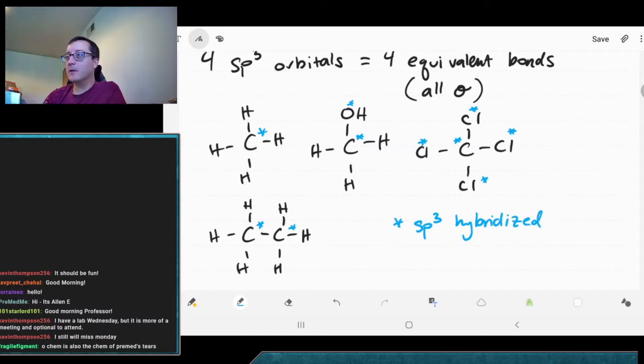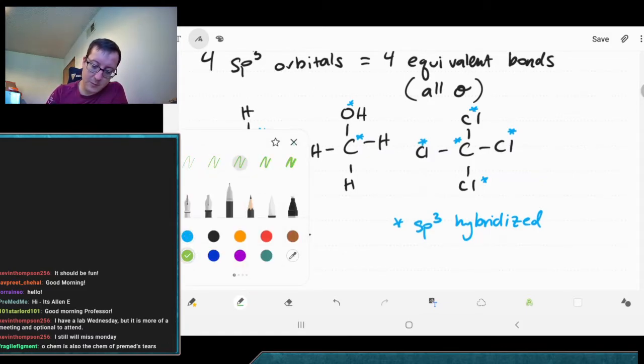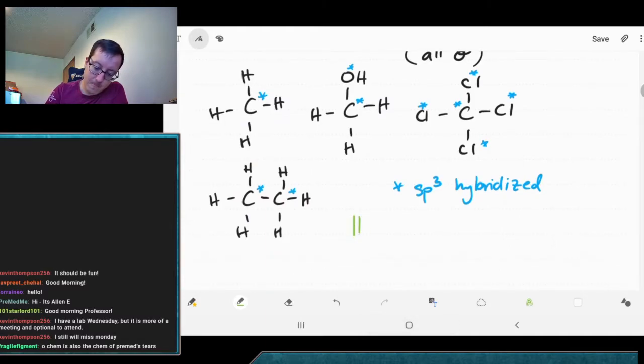And so that's the very first thing I can ask you, to take a look at a molecule and identify the hybridization of my atom of choice, or atoms of choice. And we'll do plenty of examples of those in a little bit. We're going to cover the other two hybrid states first. Just one thing to note as well. Hydrogen is never hybridized.